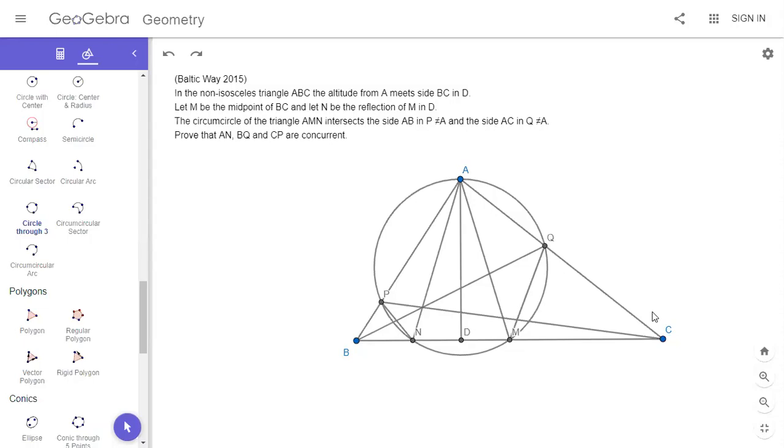I'm just trying to figure out. Isn't it because NPC equals BQM? NPC equals BQM. I'm trying to think why that's the case.